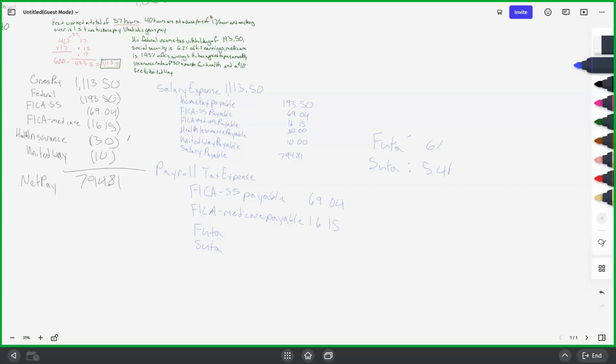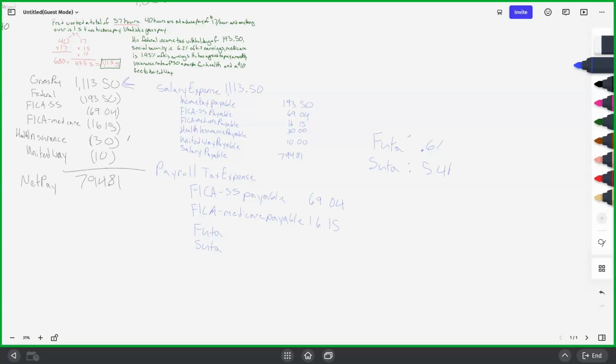So real quick, going back to the math. You take the gross pay, 1113.5, times 0.006. You said FUTA is 0.6%, so we move the decimal two places to the left. You'd have 0, 0, then 6.